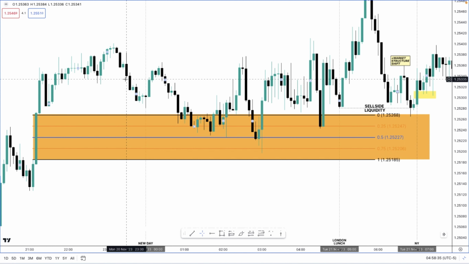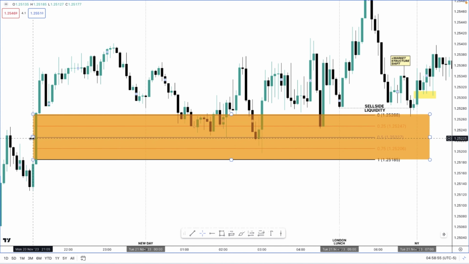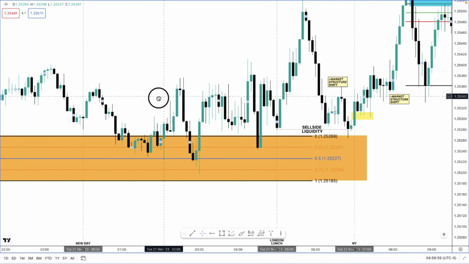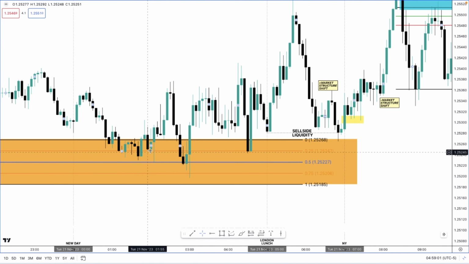So Monday, you know, see what Monday does. On this day, we can see Monday creating this fair value gap there. Tuesday, when we open, we find some support at the midpoint of the fair value gap, the consequent encroachment of the fair value gap. You can see price finding multiple support there.